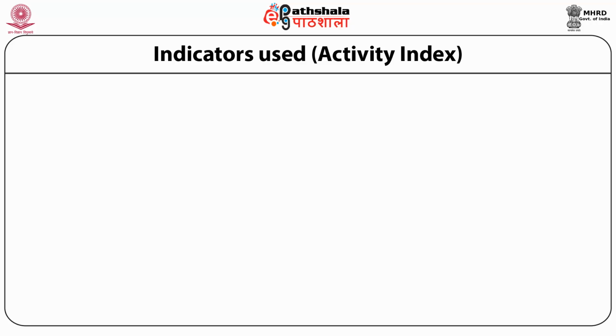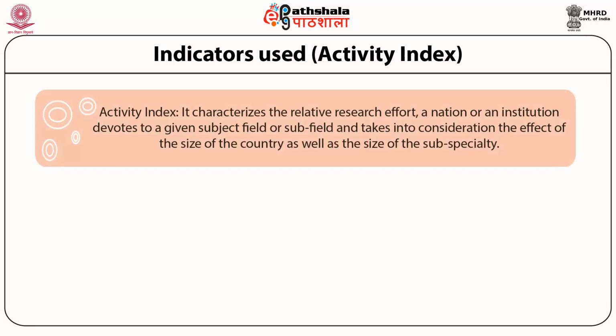Several indicators used for measuring publication output are available in the literature, and one of the most important of them is activity index. Activity index characterizes the relative research effort a nation or an institution devotes to a given subject, field, or subfields.